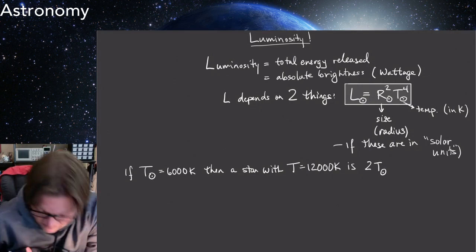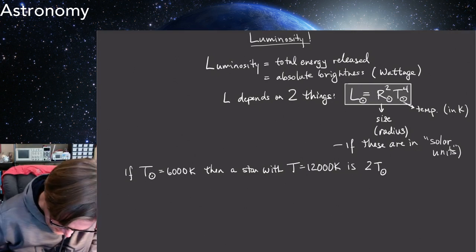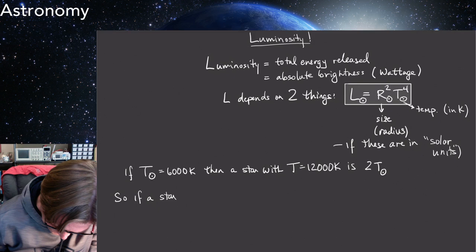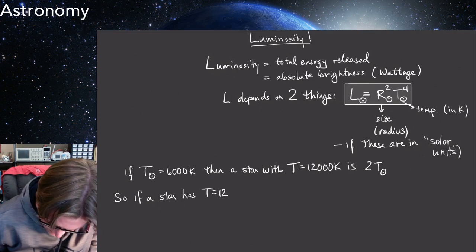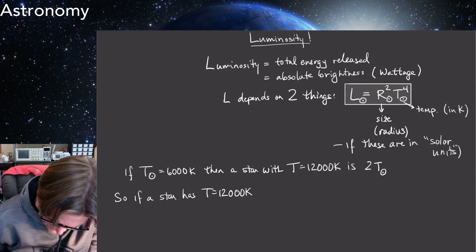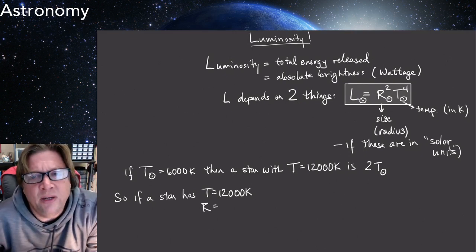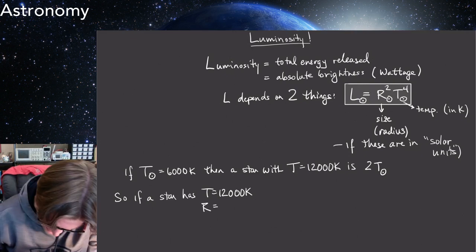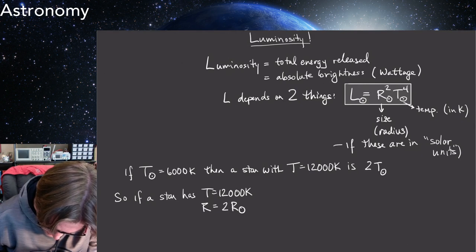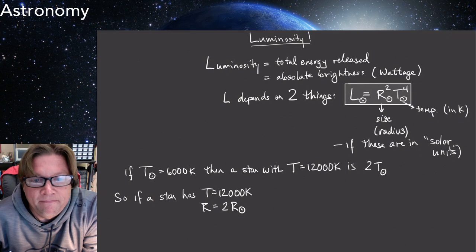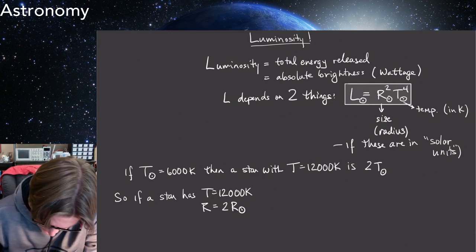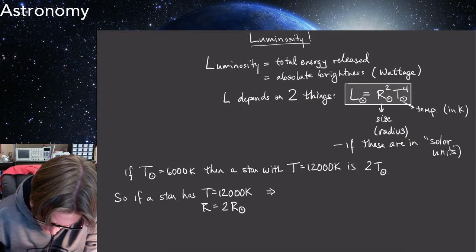Okay, let's do a quick example. So if a star has T of 12,000 kelvins, and suppose its radius is twice the sun, whatever the heck the sun's radius is. Suppose this is twice as big as the sun. How much energy does it put out? How much brighter is it than the sun?